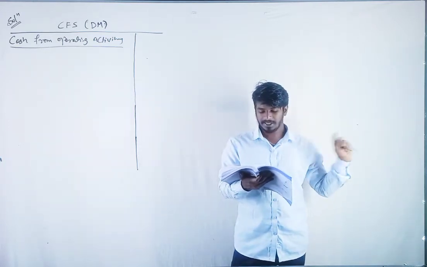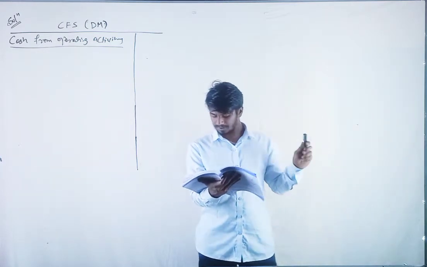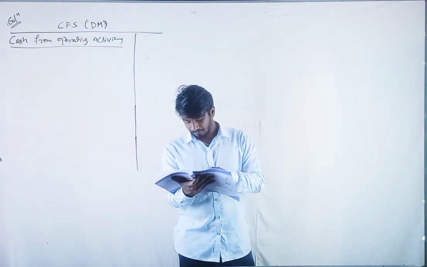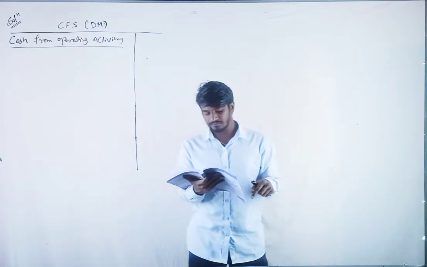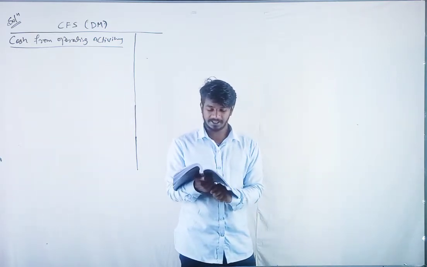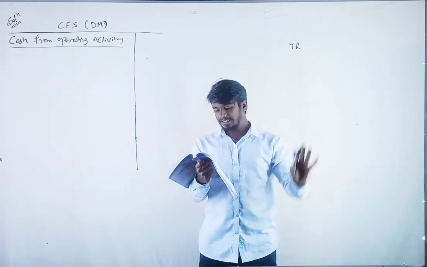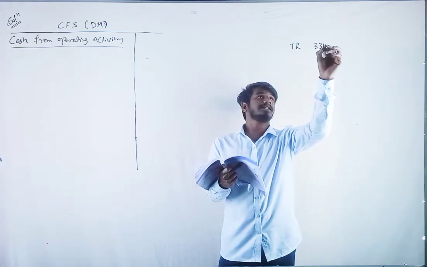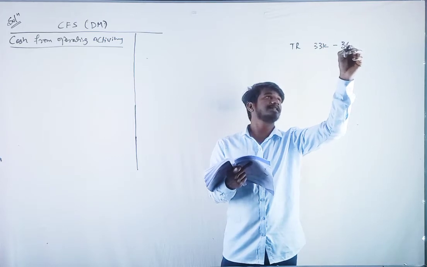Trade receivables they have given, and revenue from operation 2,20,000. Out of this, whatever sales we have made, how much should we receive? It is trade receivable, right? Trade receivable was 33,000 for the previous year, and for the current year it is 36,000.